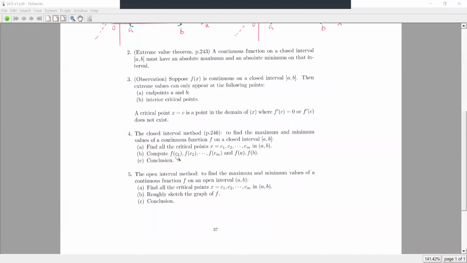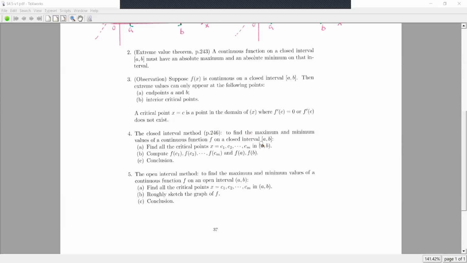The largest function value in step 2 is the maximum function value on this interval AB, and the smallest function value in step 2 is the minimum function value on this interval AB. This is the closed interval method, for a continuous function over a closed interval.